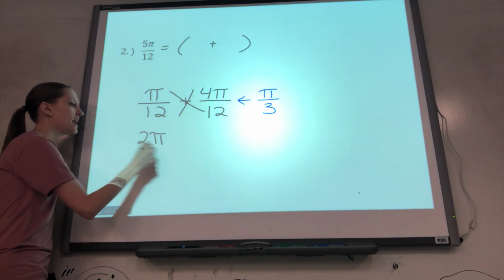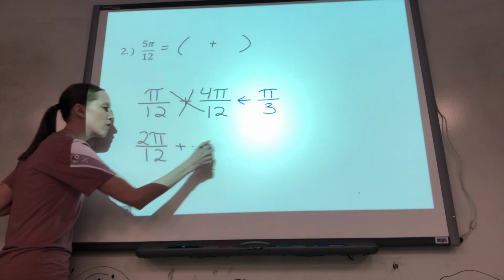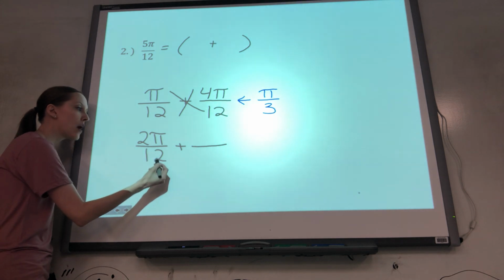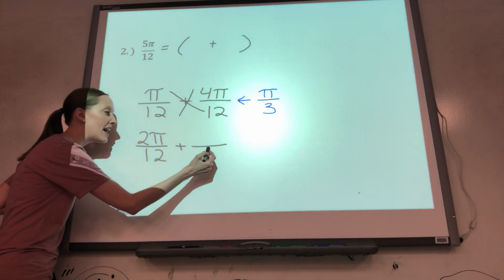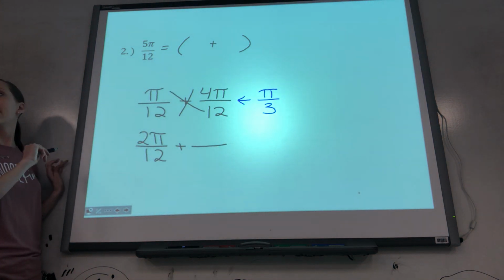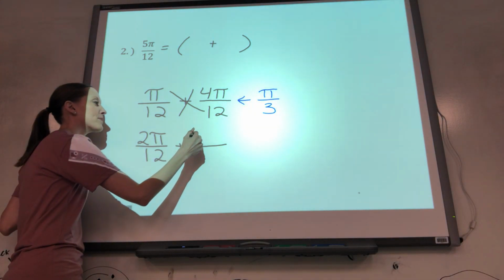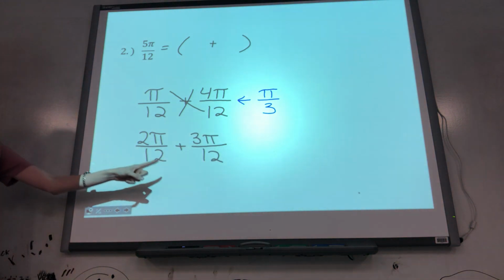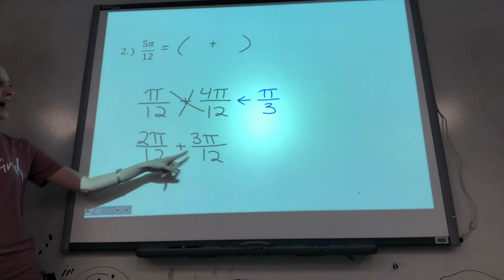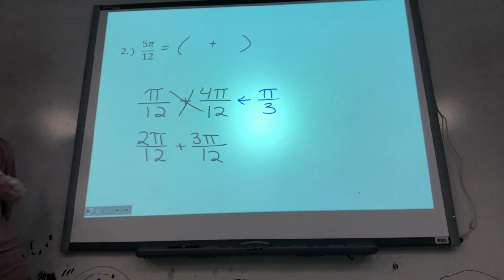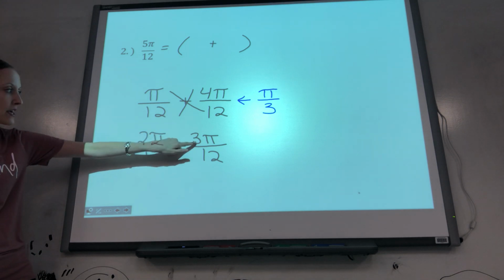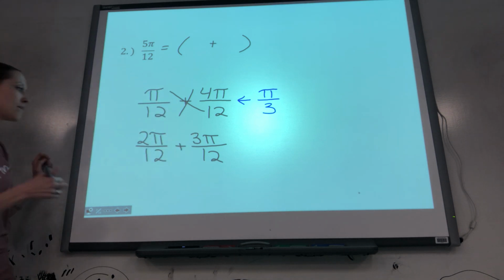So we started with 1 pi over 12. Let's move on to 2 pi over 12. Okay, 2 pi over 12 plus what would equal 5 pi over 12? 3 pi over 12. You know you need a 12 on bottom. Anytime you add or subtract fractions, you have to have a common denominator. And 2 pi plus 3 pi gives me 5 pi.